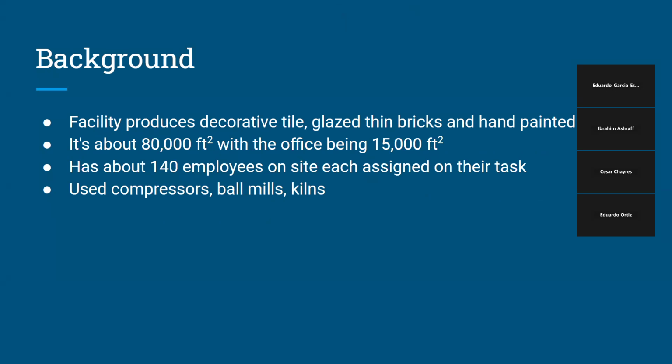It has approximately 140 employees across multiple production areas. Some of the manufacturing steps include mixing, milling, shaping, drying, glazing, firing, packaging, and shipping. Some of the major energy users are the compressed air system, ball mills, and natural gas firing kilns.